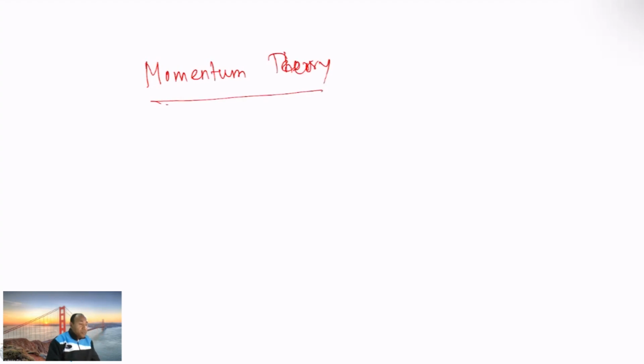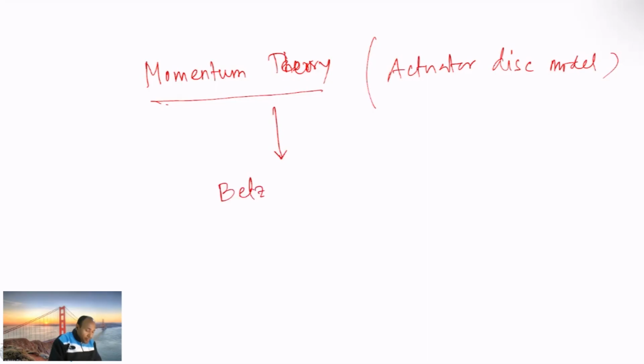So we'll discuss the momentum theory, which is also called the actuator disk model, and from there we'll establish the Betz limit.